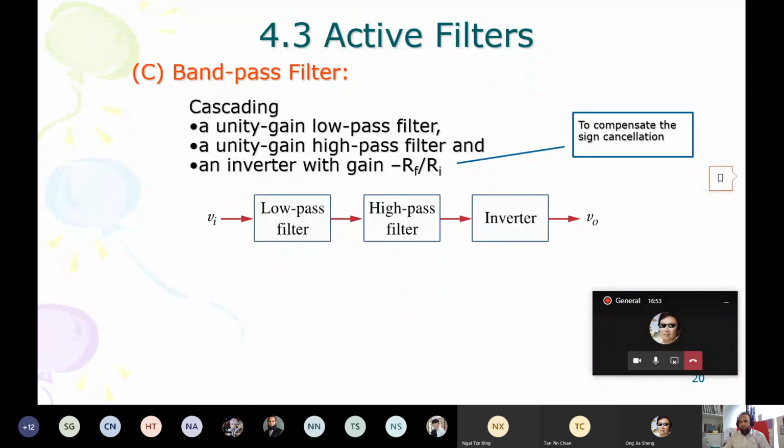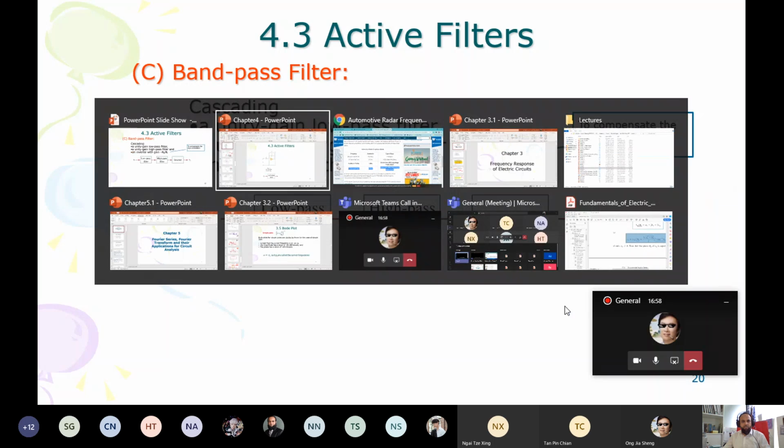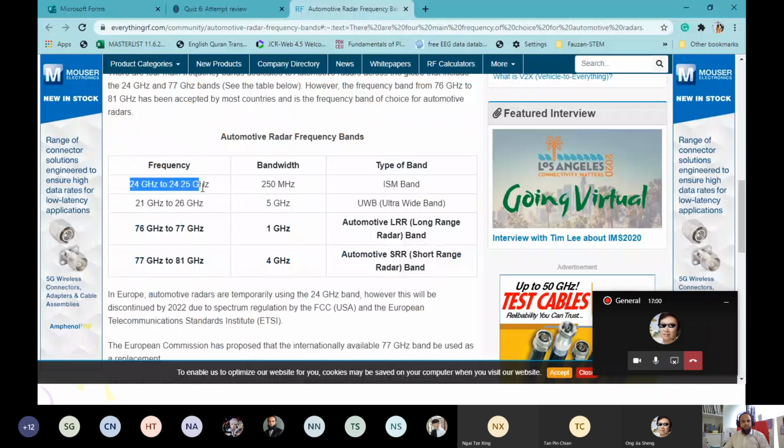All right, is everybody following? The idea was to get two of the bands together. I think all of you got either ISM with the long range or ISM with short range or ultra wideband with short range. So there are two distinct bands.